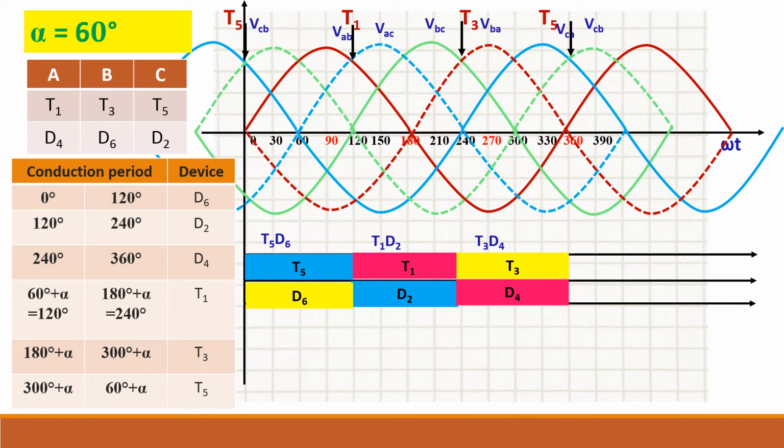Now you can see from the conduction period that there are only three conduction periods: T5 D6, T1 D2 and T3 D4. In the previous case we had 6, but here only 3 periods are coming. So what will happen to the output?